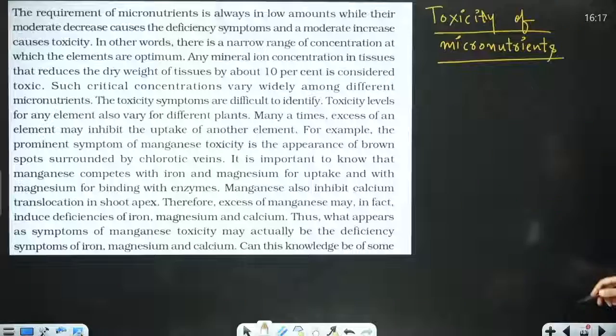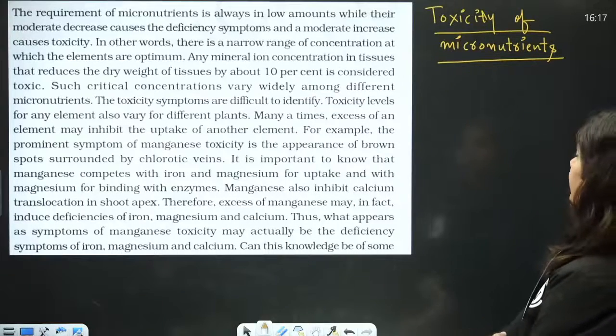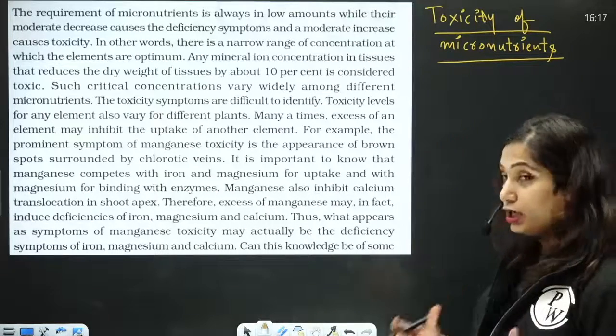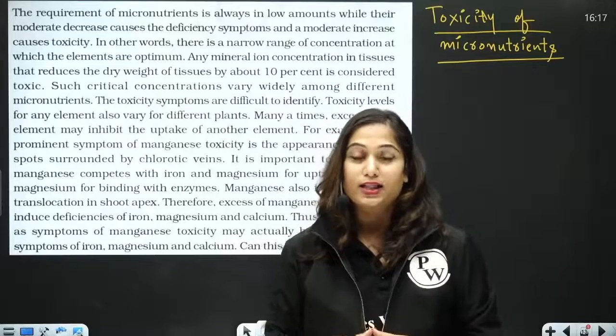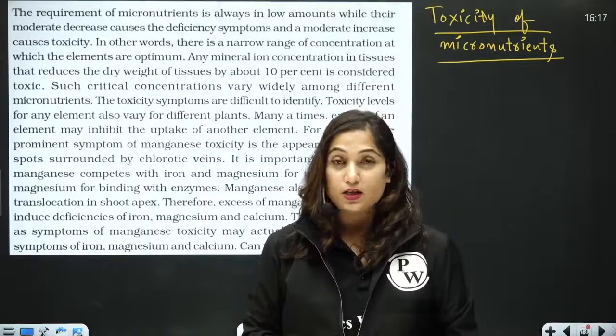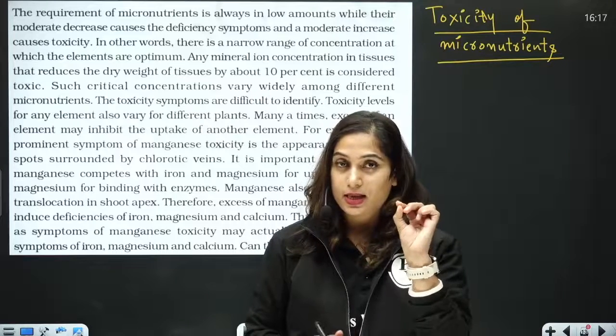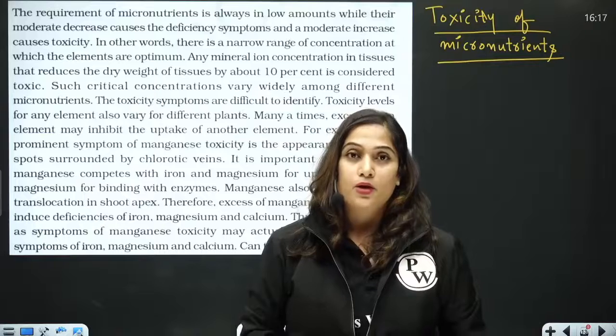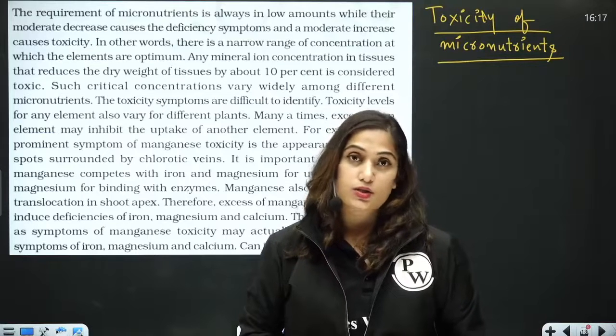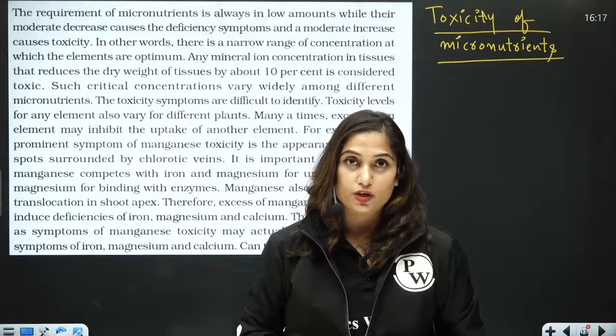Okay, now let's move further. Yes, now let's discuss the toxicity of micronutrients. I have just told you that the micronutrients, even in slight excess, can become toxic to the plant. This is called toxicity of micronutrients.